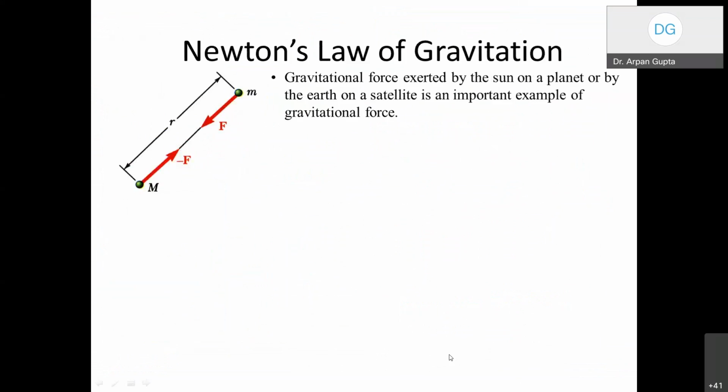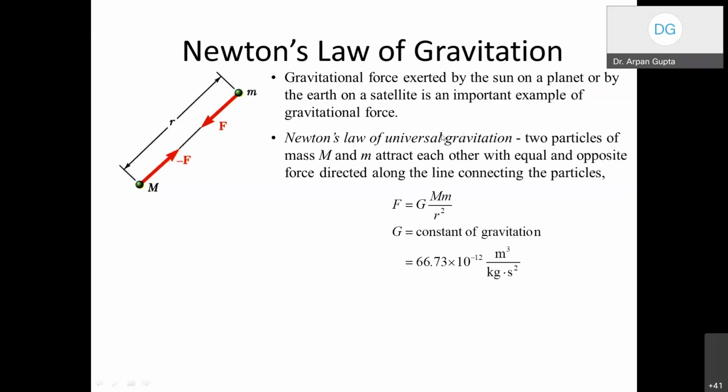Okay, the next thing is about Newton's law of gravitation. Again, you might have studied it. The force exerted by the sun on a planet, or by Earth on a satellite, all these things can be modeled using Newton's law of gravitation.